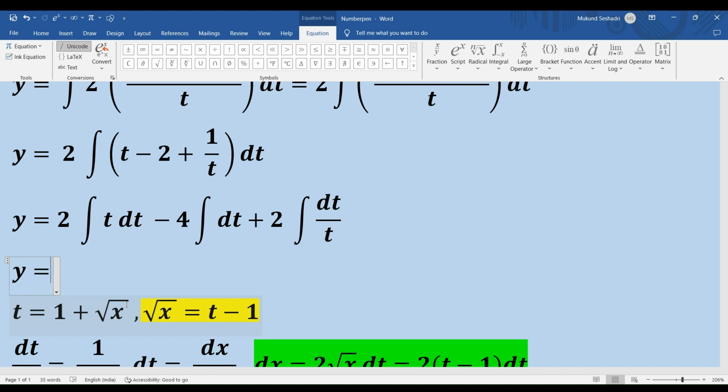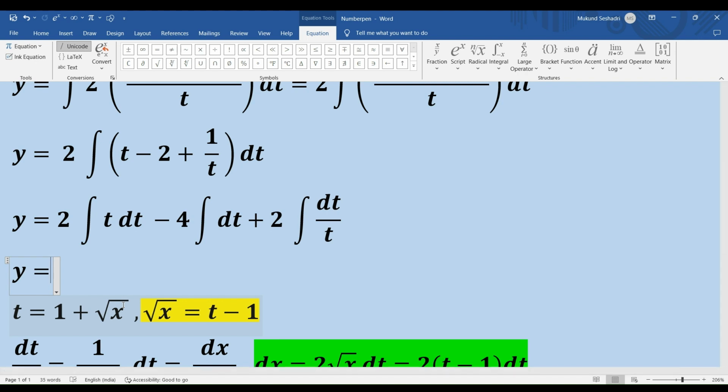And then I also have a 2 in that particular expression. So I have 2 times t square by 2. So that becomes a t square. And then I have a minus 4 times integral of dt, which is nothing but minus 4t. And then I have a plus 2 times integral of dt by t, which is nothing but plus 2 times ln of mod t, right?